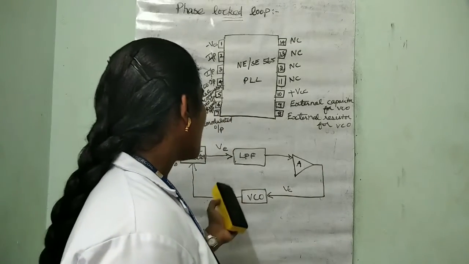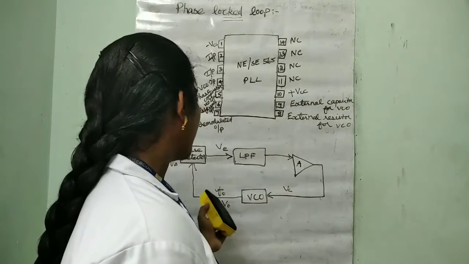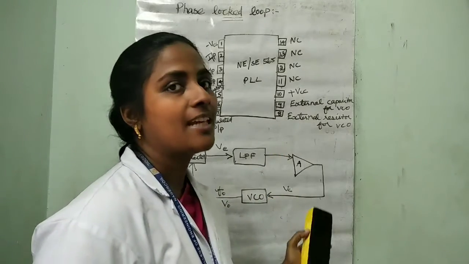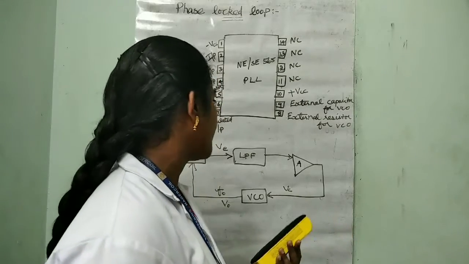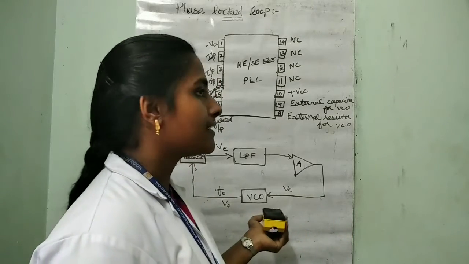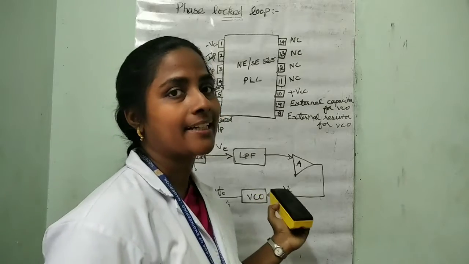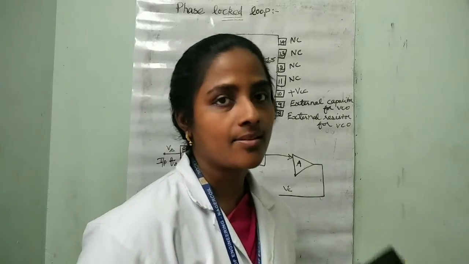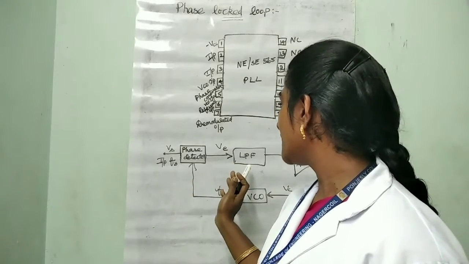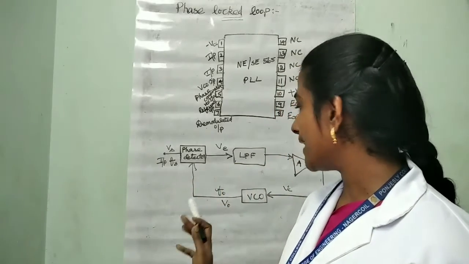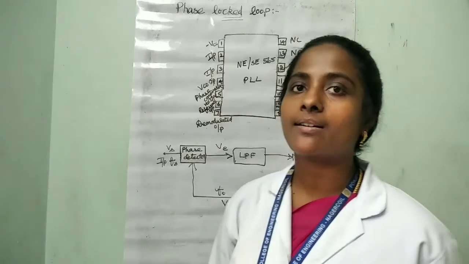Now this is the functional block diagram of the PLL, and here we are going to see the operation of the phase locked loop. The functional block diagram consists of a phase detector, a low pass filter, an error amplifier and a voltage controlled oscillator.